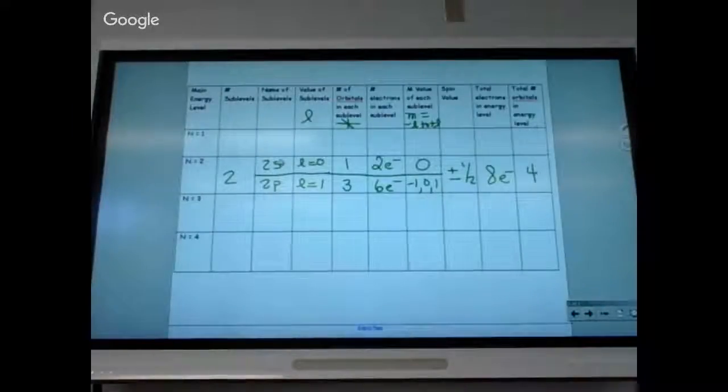So the number of orbitals in each sublevel. How many pictures does S have? There'd be 1 orbital. Anybody else have a question?